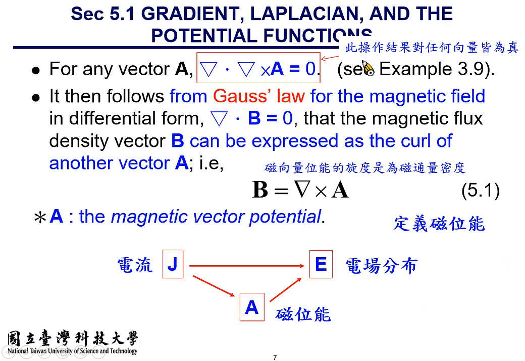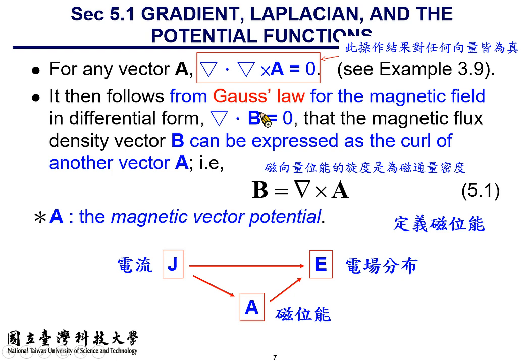So here's the equation that was shown in example 3.9. This is actually a vector identity, which is valid for any vector. For any vector, if you perform the curl operation first, then the divergence operation next, you will end up with 0.